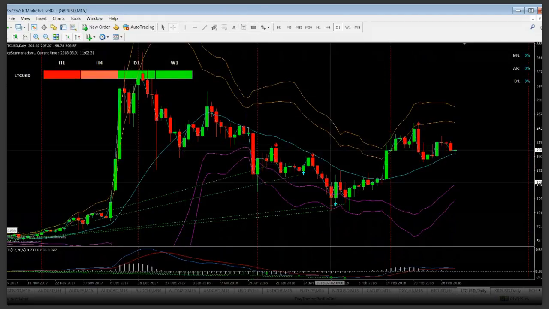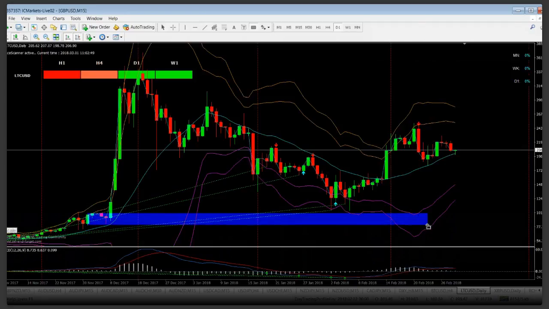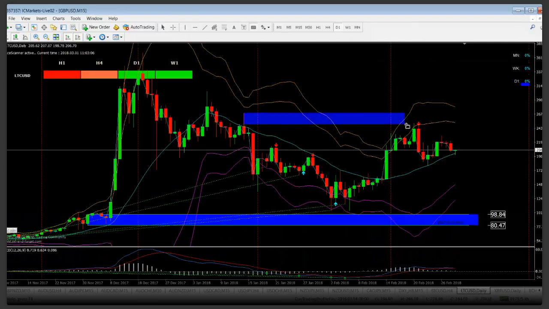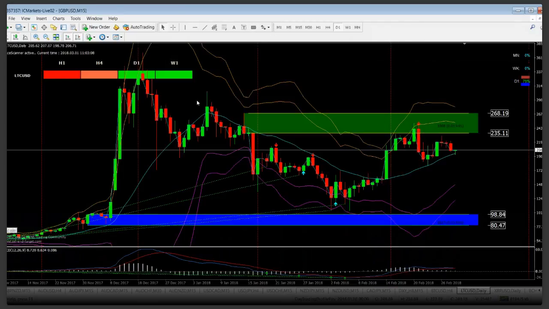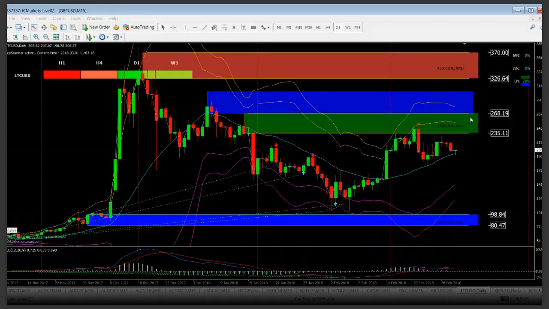Price making its way slowly all the way down, more or less just touched that daily area here before going back up. It's just popping these areas all the way back up. Get your high up here, and then we'll have another area here on the daily.